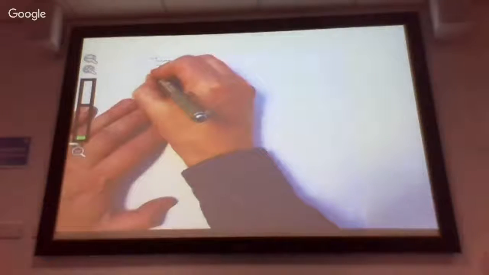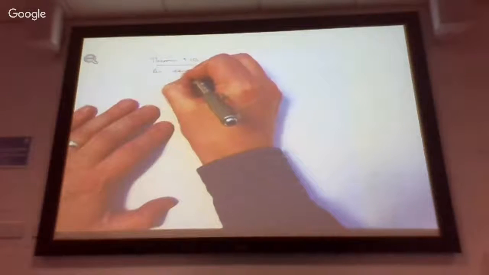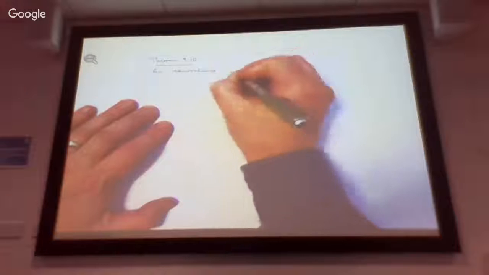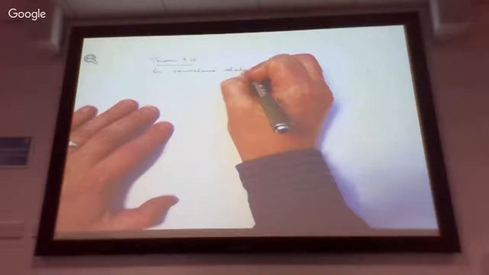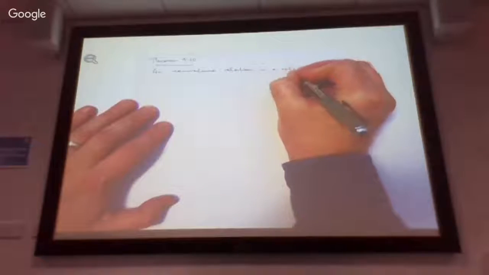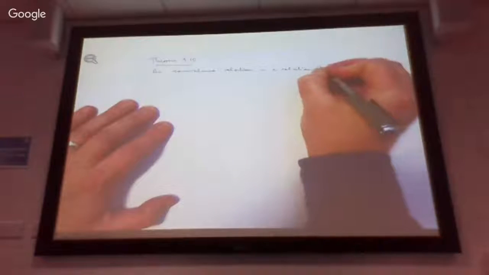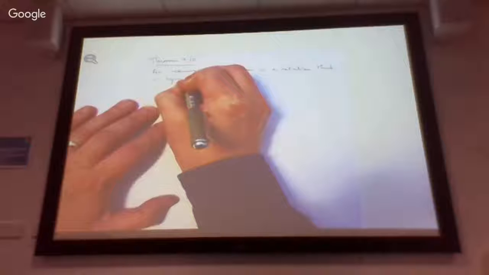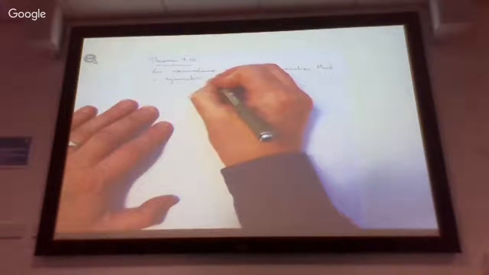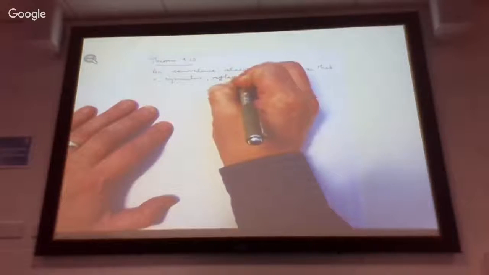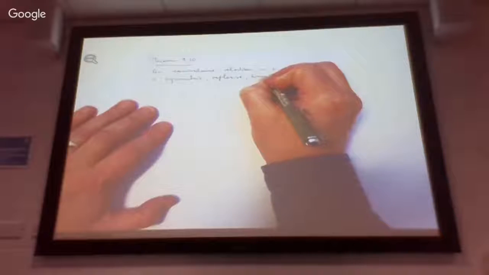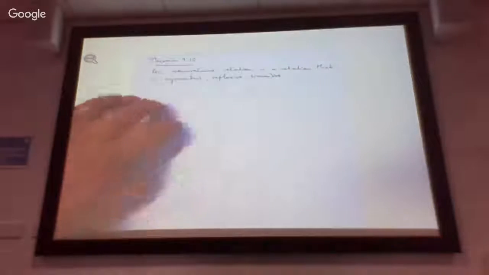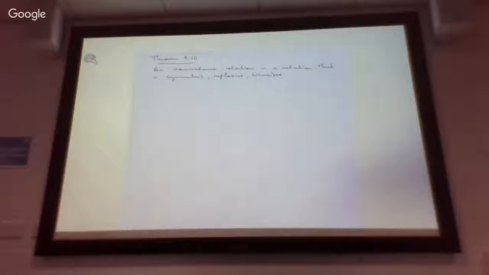We just need to remember that an equivalence relation is a relation that is symmetric, reflexive, and transitive. Let's just take these one by one.